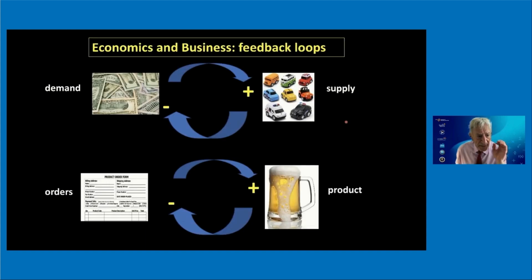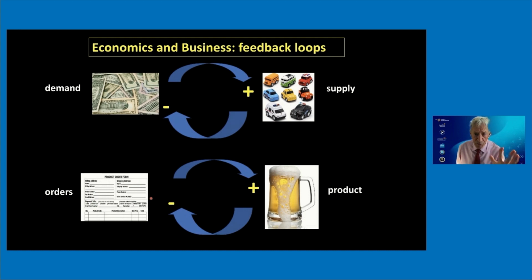And even in economics and business, what we see is feedback loops. Demand in the form of dollars increases the supply, and the supply then reduces the demand in a negative feedback loop. In management, orders increase the shipment of product, but the shipment of product then decreases the orders by filling them.